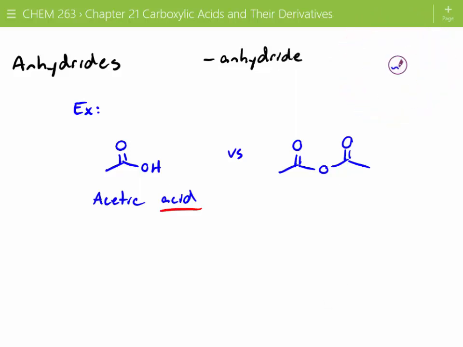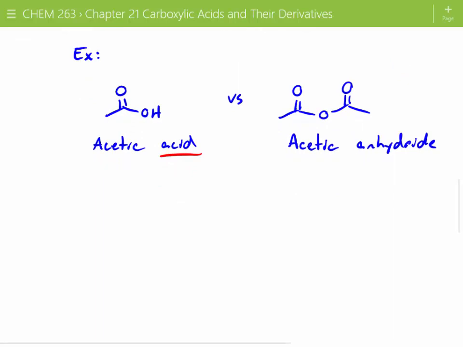So this will just be called acetic anhydride. Most of the time when you see anhydrides, they're going to be symmetric. Occasionally you see unsymmetric anhydrides, in which case it changes a little bit. So let's do another example.